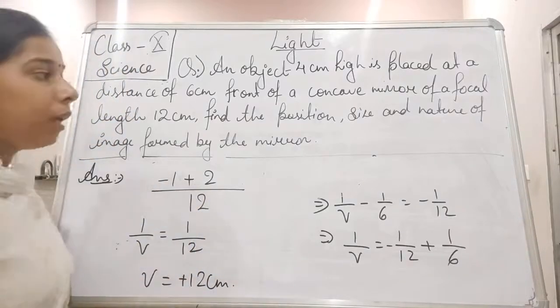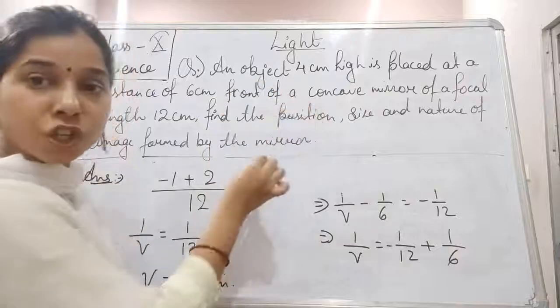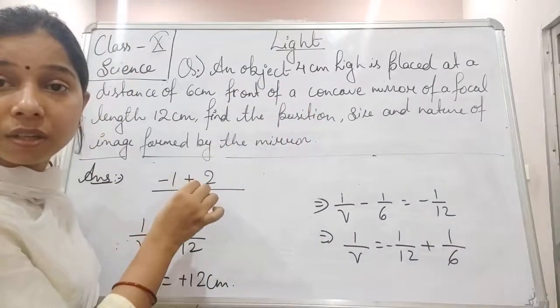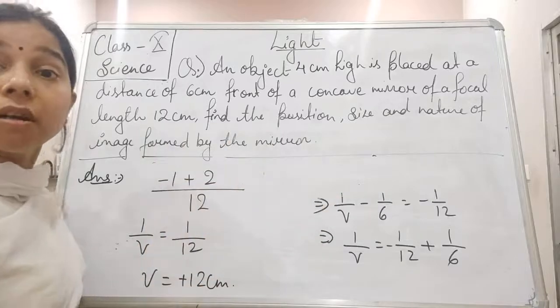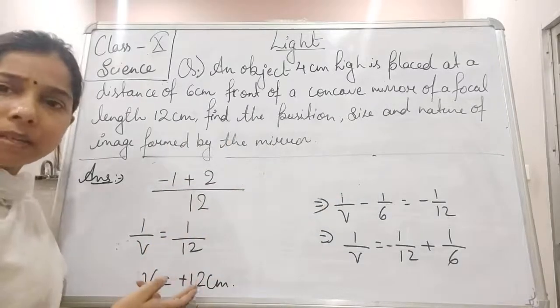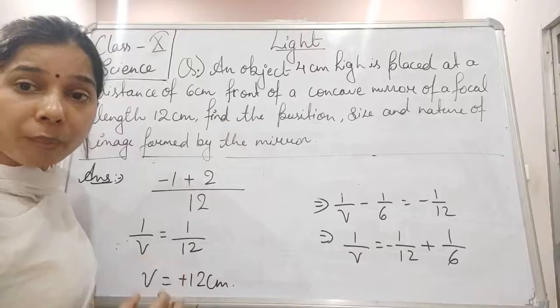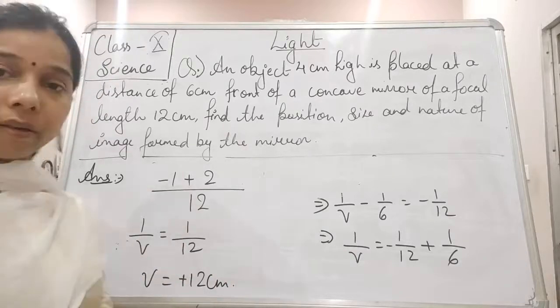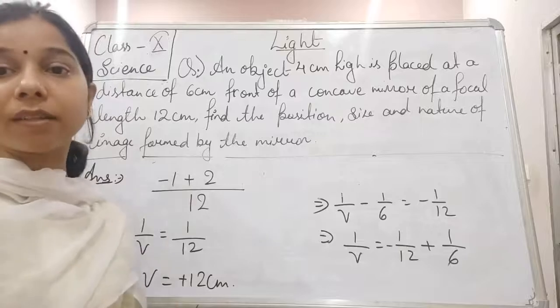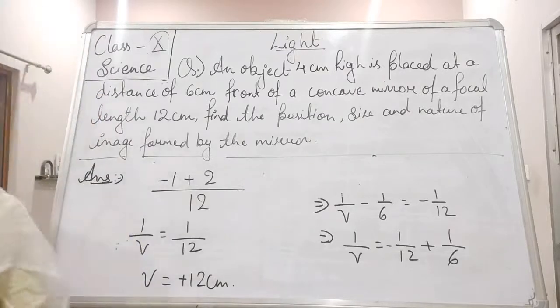So this is the actual position of the image, which is formed behind the mirror. That is why it is said to be plus. It means the image is not forming at the left side of the mirror, but at the right side. It means it is formed behind the mirror here, student.